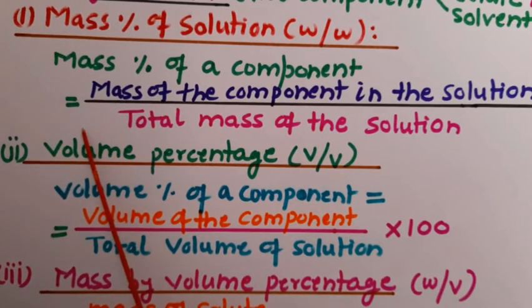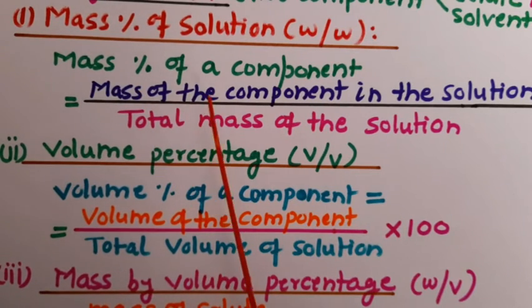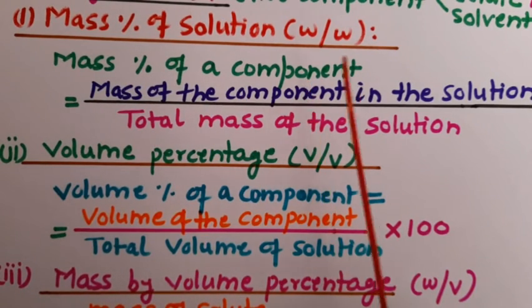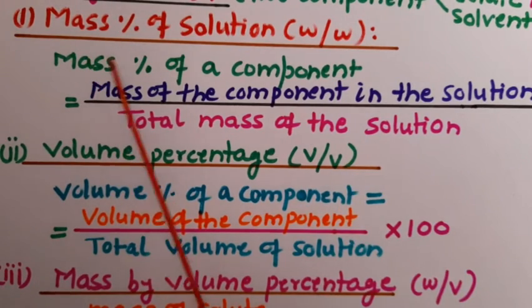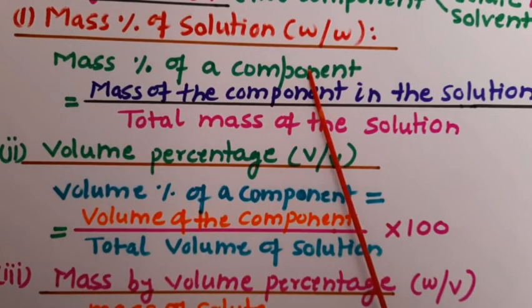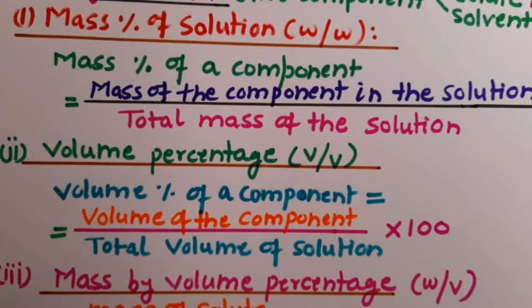If in a question it is given that a 20% solution of glucose, convert this percentage composition into mole fraction and molality. You have to convert. We are considering the interconversion of these units.